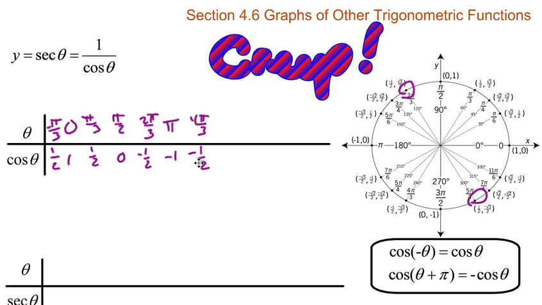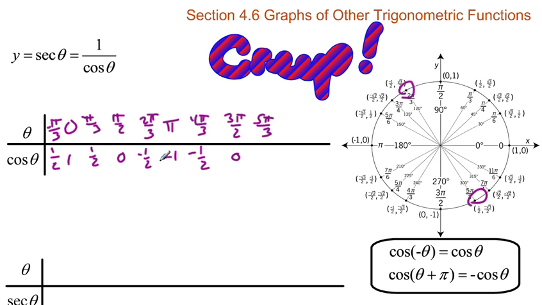I add pi to pi over 2 and get 3 pi over 2, and the opposite of 0 is just 0. I'm going to keep going until I get to one full period, one full cycle. Now 2 pi over 3 plus pi is going to be 5 pi over 3.